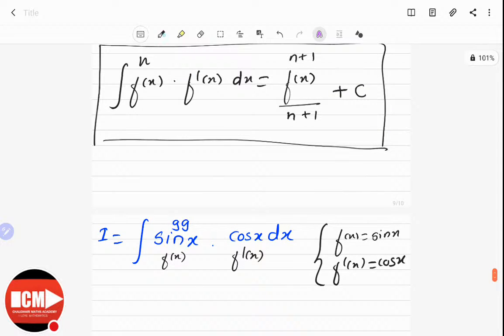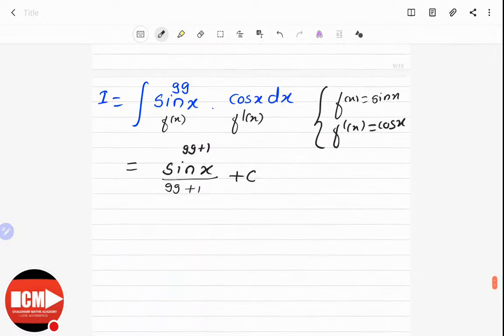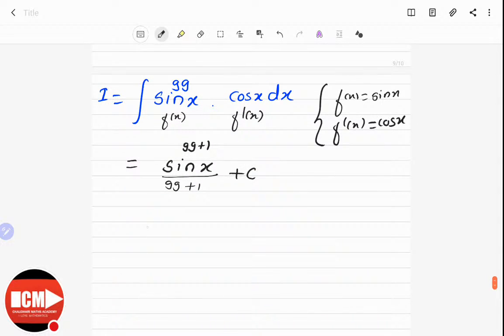The final answer for this problem is sine x raised to 99 plus 1 divided by 99 plus 1 plus c. But don't write it in this particular way. The final answer is sine raised to 100x divided by 100 plus c. So this is the final answer for this question, right?